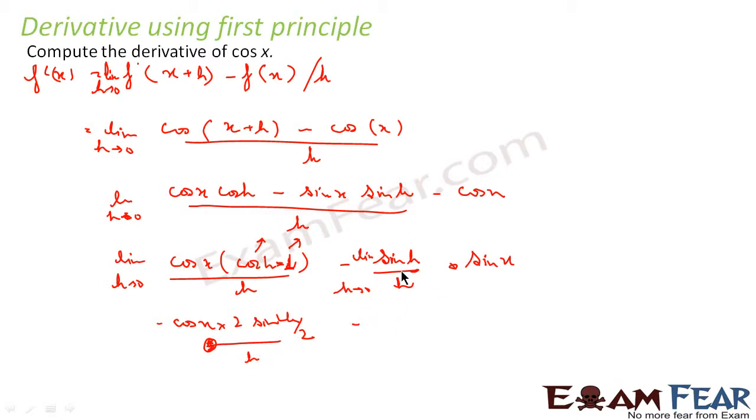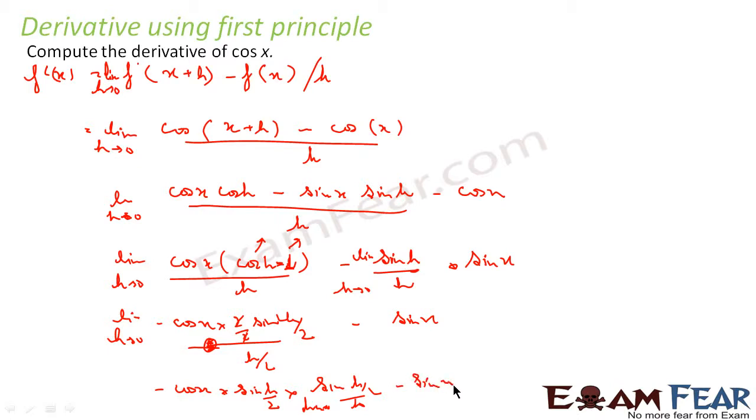Minus, here sin h by h, limit h tends to 0, is 1, into sin x. Actually we can write this as minus cos x, and make it 2 by 2 inside, into sin(h by 2) into sin(h by 2) by h, limit h tends to 0, minus sin x.